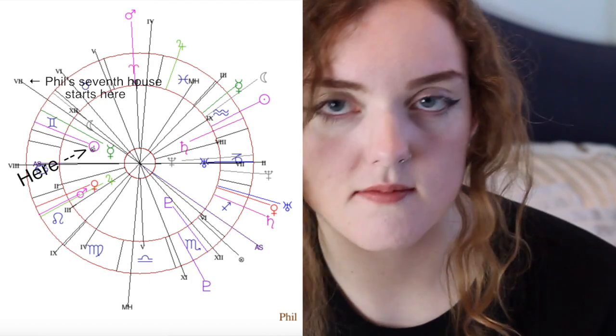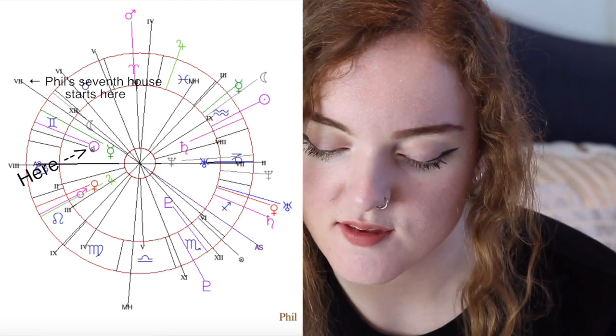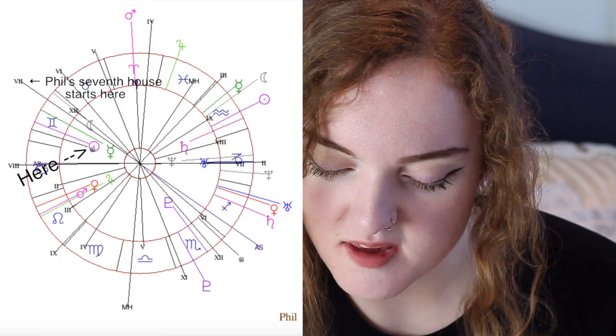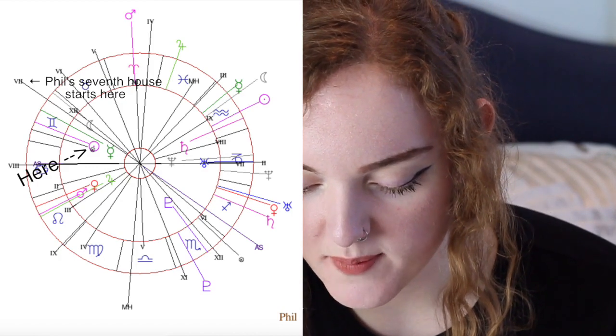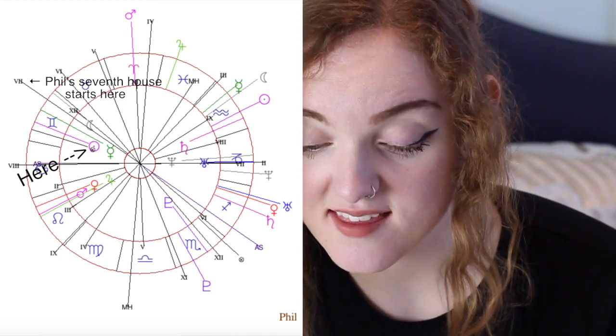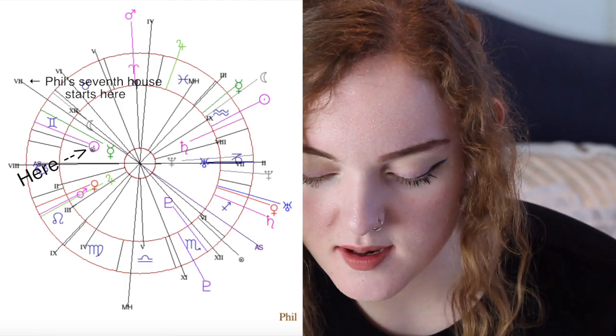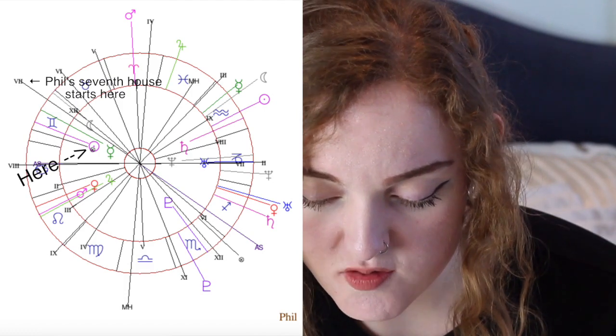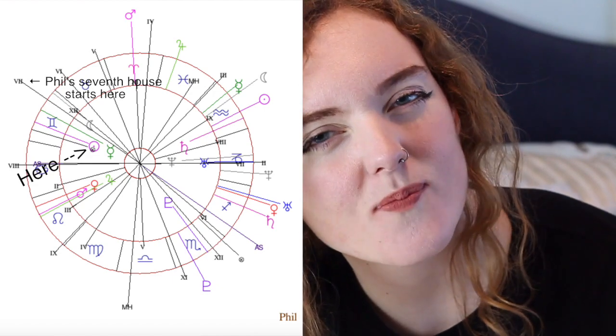If your partner's Sun, Dan's Sun, falls in the 7th house of Phil's chart, the relationship will be invigorating. The relationship will make you feel more alive. This is an excellent placement. You will enjoy being with your partner more than not being with them. There will be a natural attraction on a level that cannot be explained.